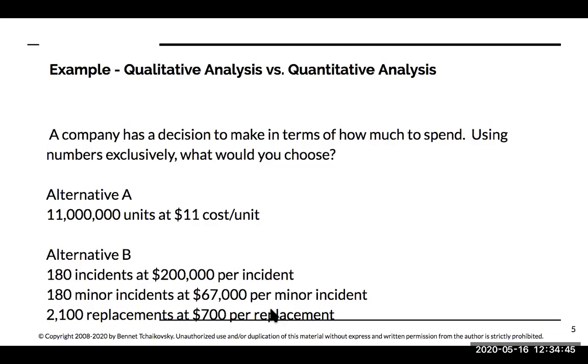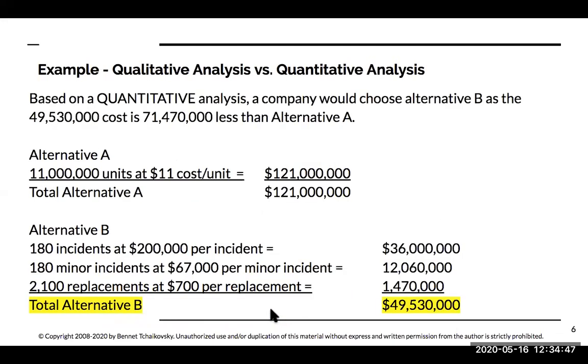If I was asked just to compute the cheaper alternative, alternative A would cost me $121 million, or 11 million units at $11 per unit. Alternative B, if I multiply these through, the 180 incidents at 200,000 each, the 180 minor incidents, and the 2,100 replacements, is a total of $49.53 million.